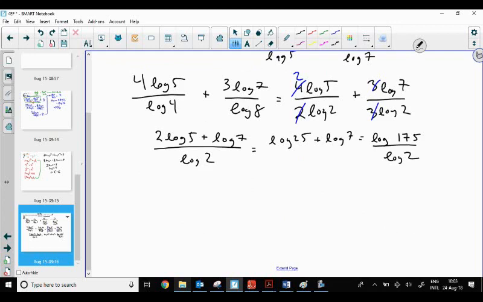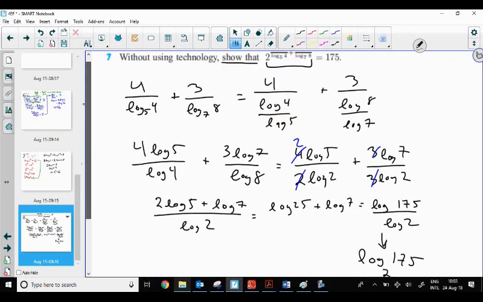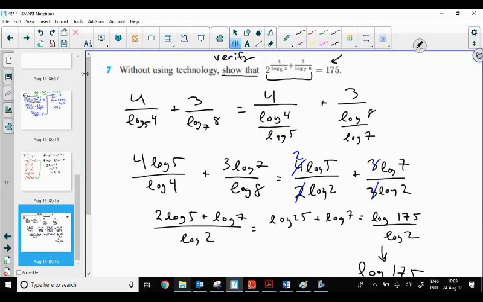Okay, so now what? We're going to use the change of base formula again, but this time we're going to do it backwards. So this is actually going to be equal to log base 2 of 175. To recap, we just said that the exponent here is all equal to log base 2 of 175.